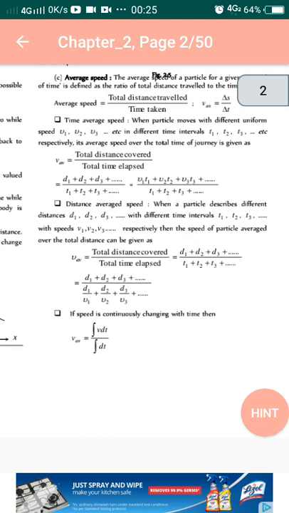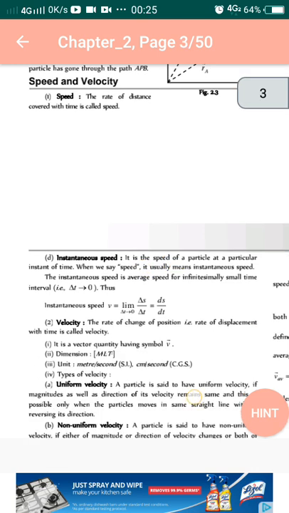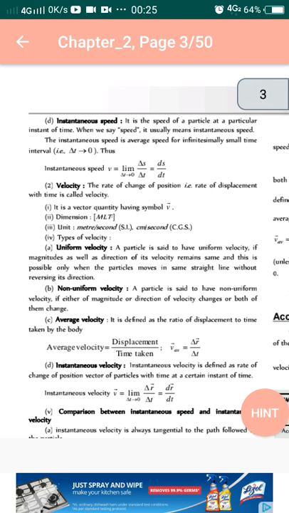If speed changes continuously with time, then average speed equals the integration of v dt upon the integration of dt.